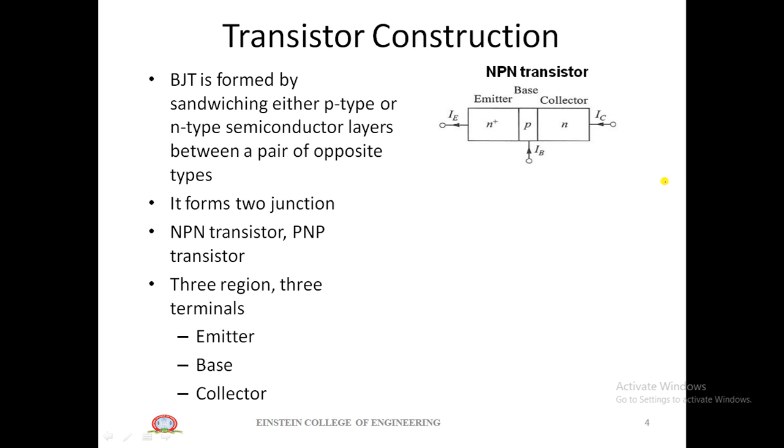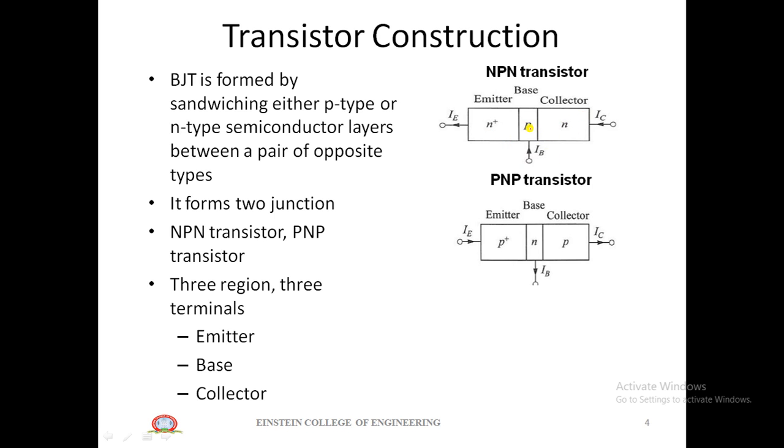Now we see about the transistor construction. The BJT is formed by sandwiching either a P-type or N-type layer between two opposite pair of layers.